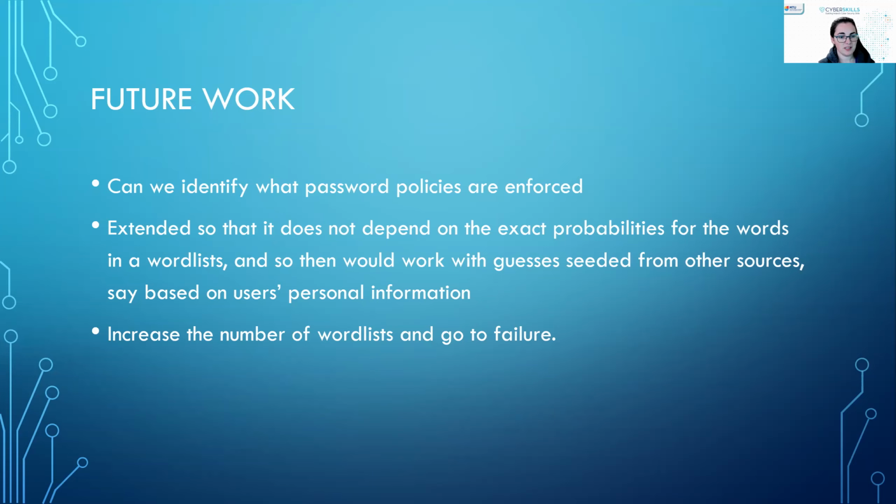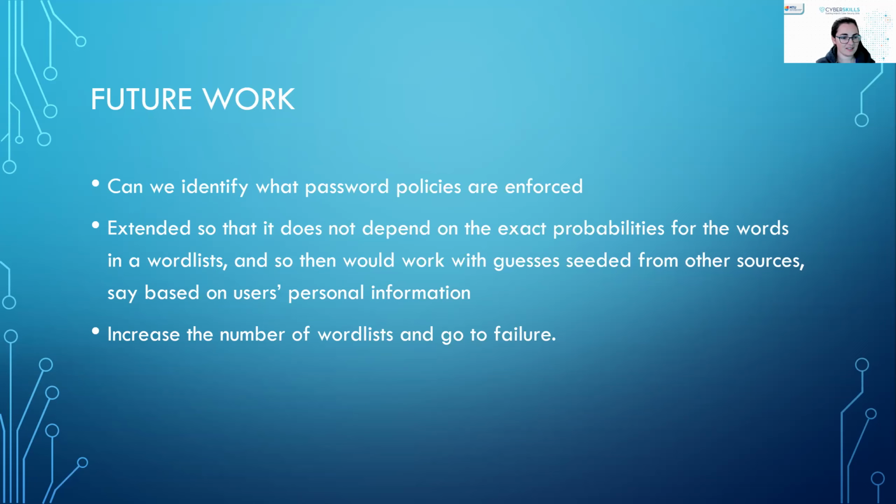And we think it can be extended so that it doesn't even need to work on exact probabilities for the words in the word lists. And that would mean that we could read in word lists that don't necessarily have probabilities attached, say something like users' personal information could be read in. And that could be seeded throughout the guesses.